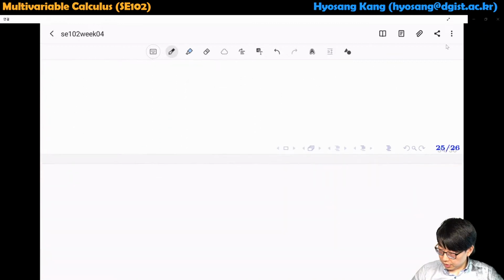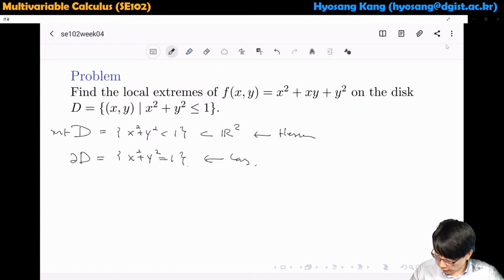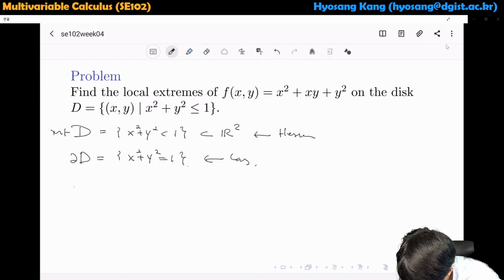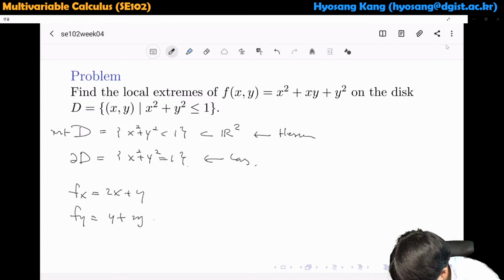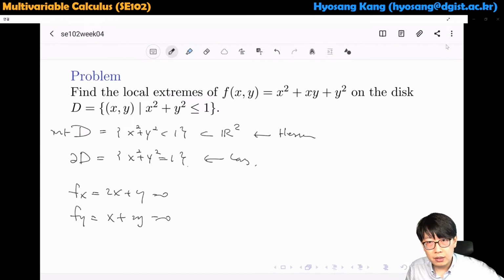Alright, so using the Hessian, we have this function. So we have fx equals 2x plus y, fy equals y plus 2x plus 2y. I want these to be all 0. Try to find the critical point.